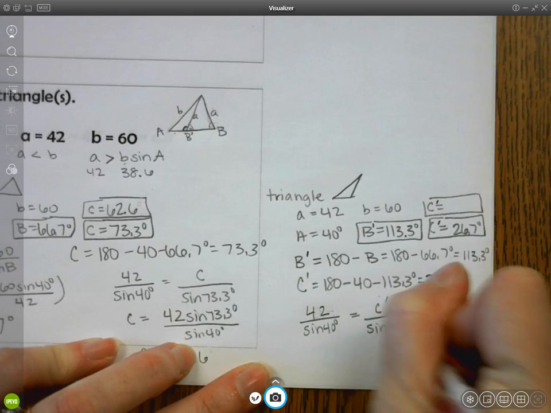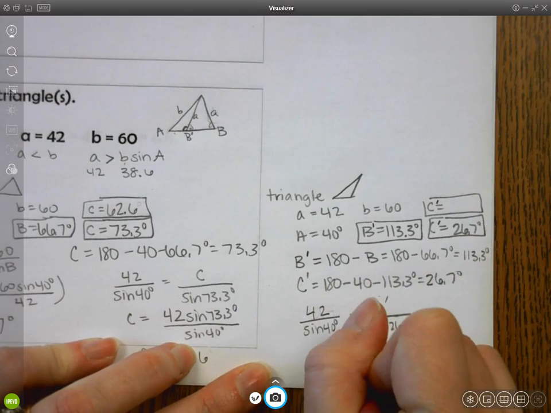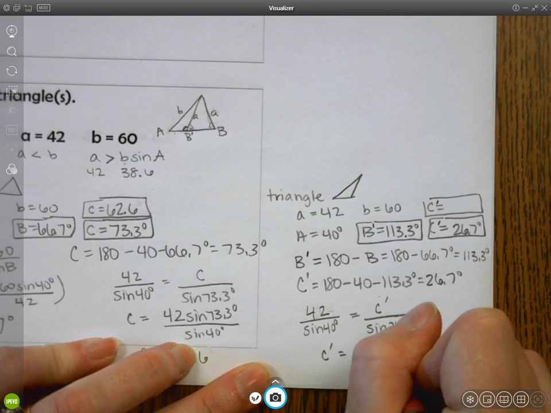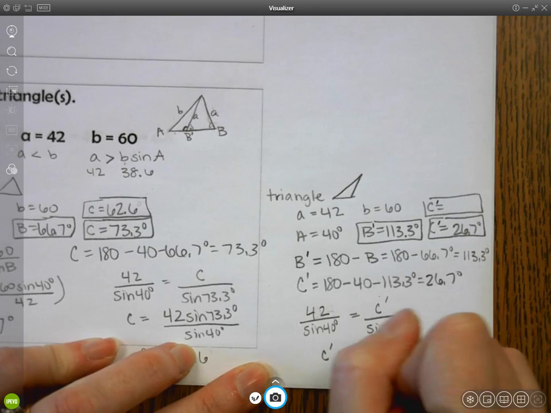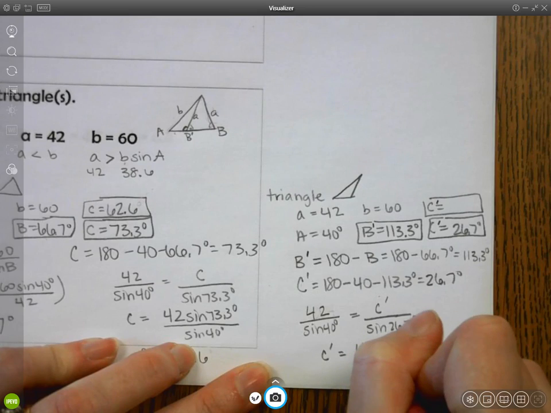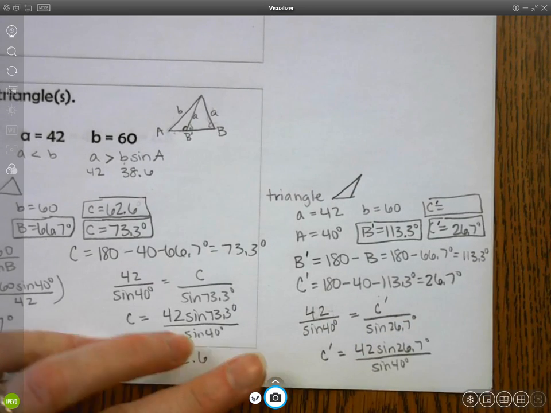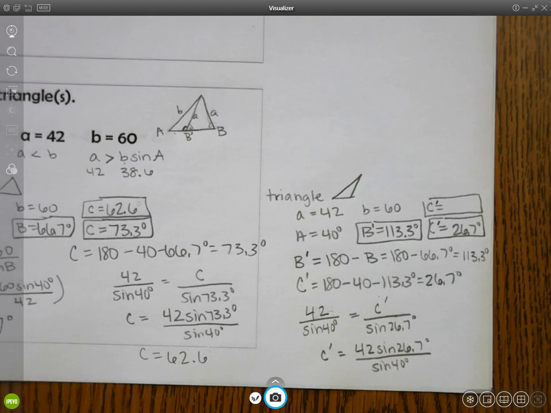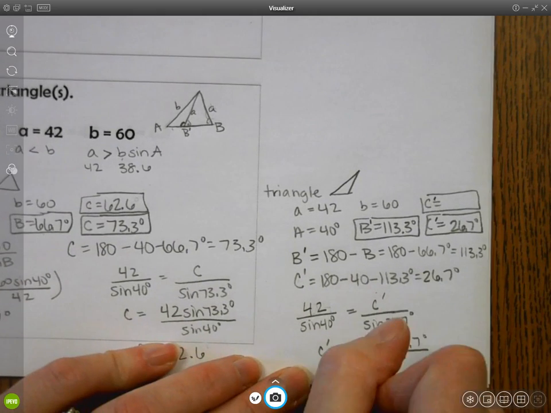So we use our law of sines to find C prime. So cross multiply and divide. So C prime is what I get when I type that in my calculator. And I got 29.4.